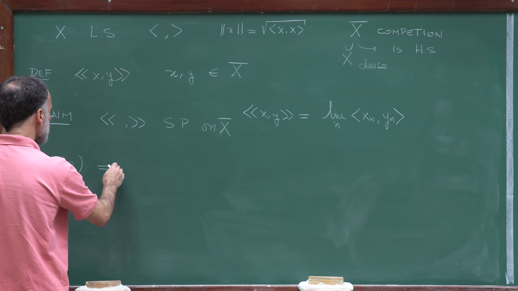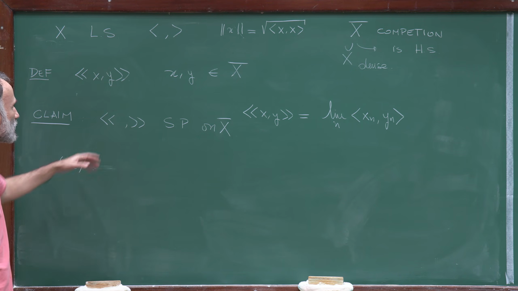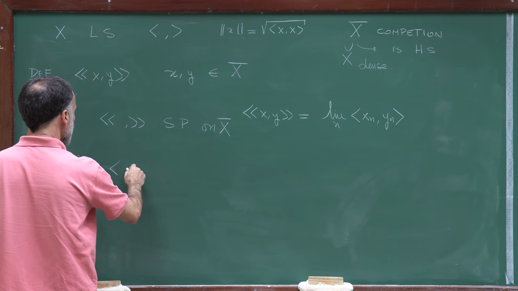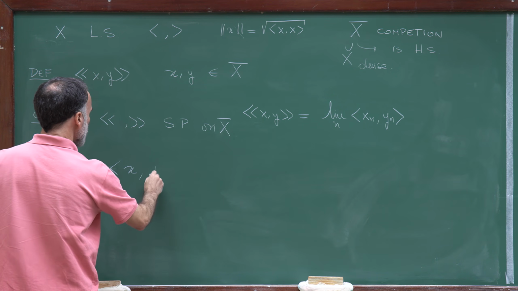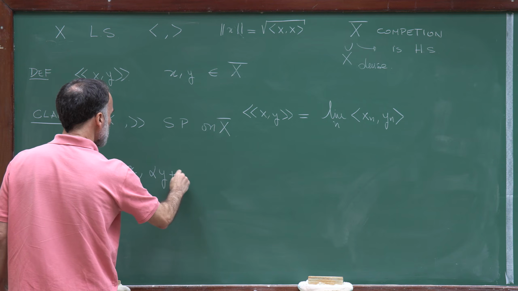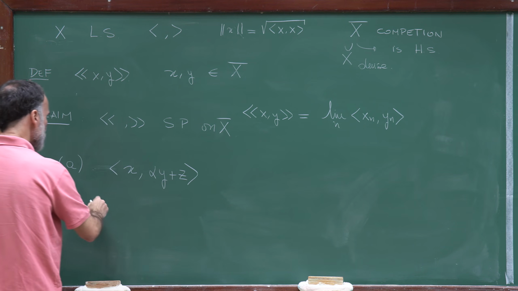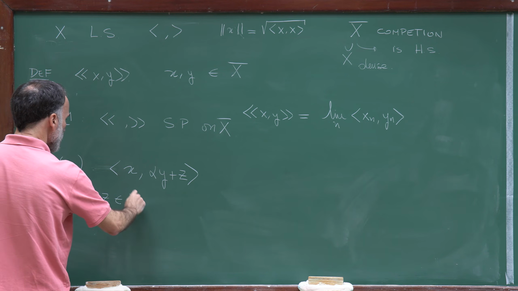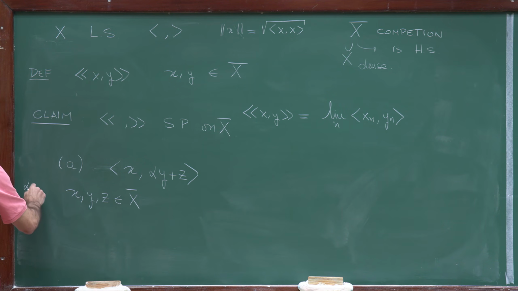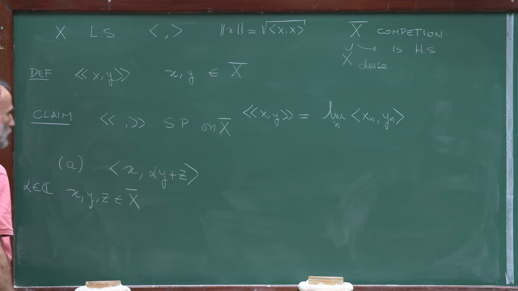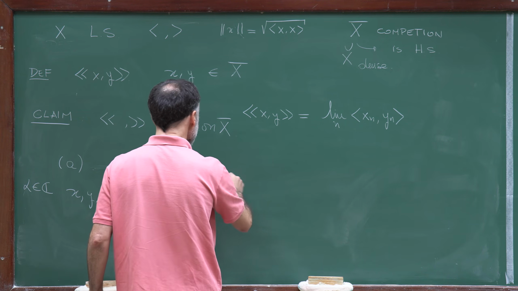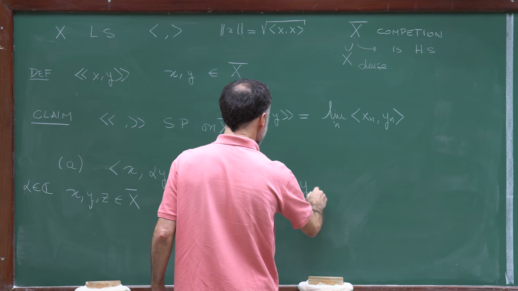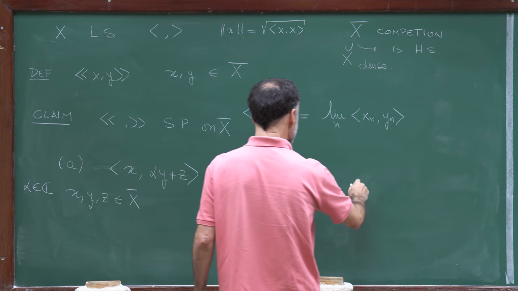So I'll prove that this scalar product is sesquilinear. What we want to show is that ⟨x, αy + z⟩ equals α⟨x, y⟩ + ⟨x, z⟩. So I'm taking x, y, z in X bar, and α a complex number.